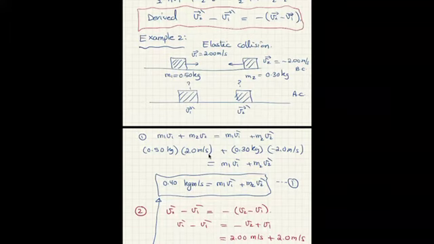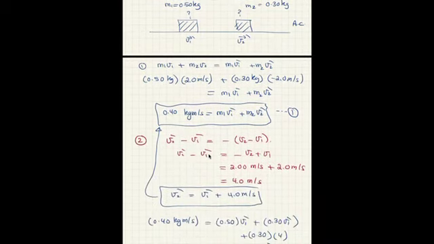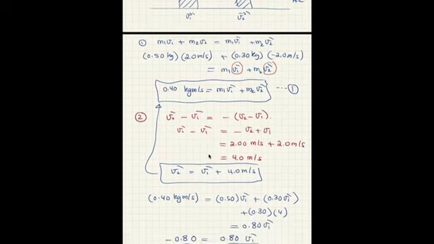Now, let me first apply the first equation, which is conservation of momentum. I plugged in my numbers, and then I have two unknowns here. I don't know V1 prime, and I don't know V2 prime, the velocities after the collision. Then I'm going to use the second equation that I told you, V2 prime minus V1 prime equals minus V2 minus V1, to form my second equation.